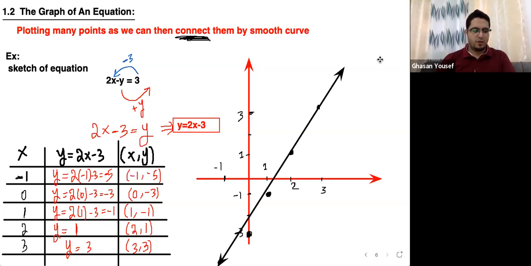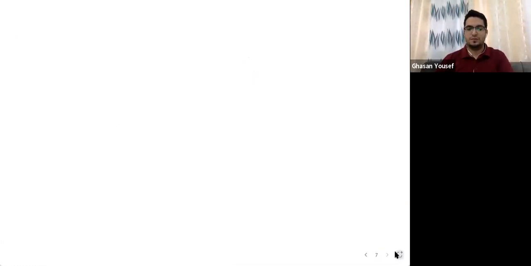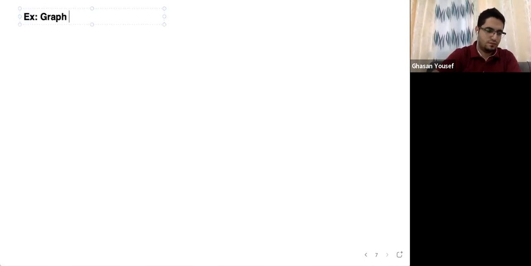Okay, so now we're going to go over another example. Example 2: graph or sketch the equation y equals x squared minus 2.